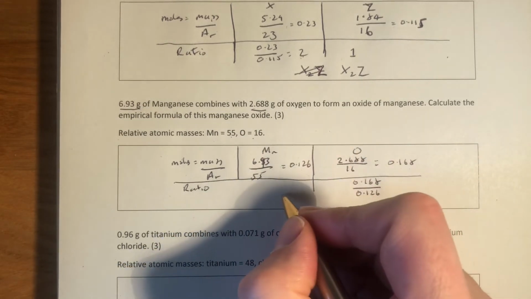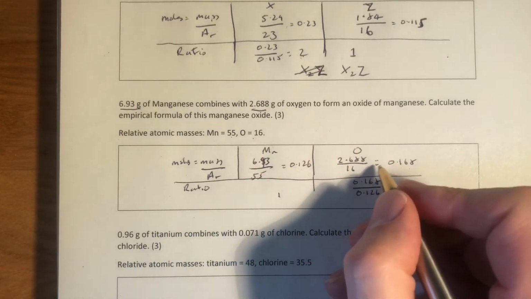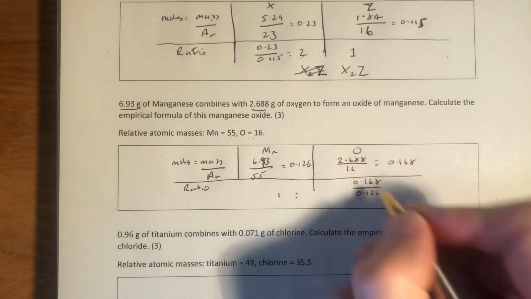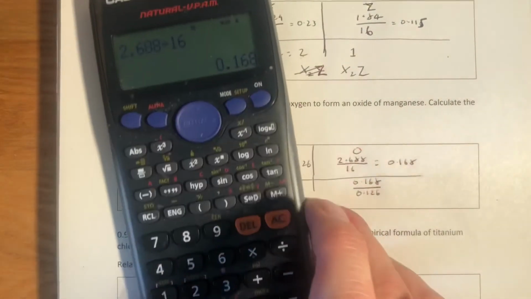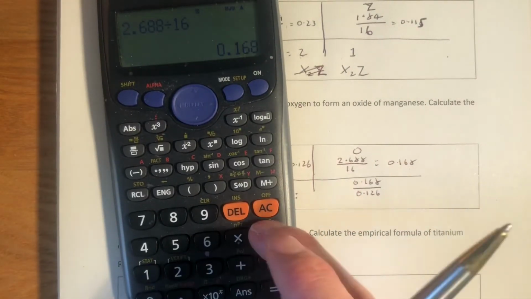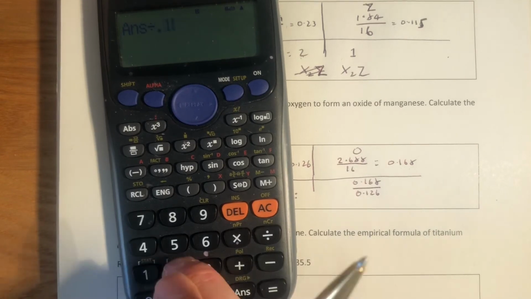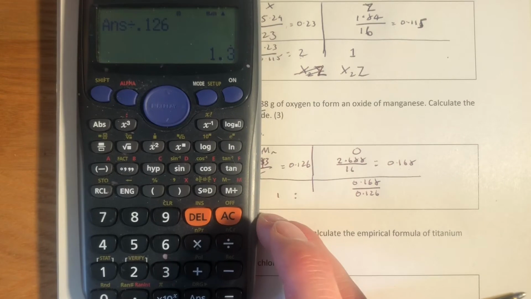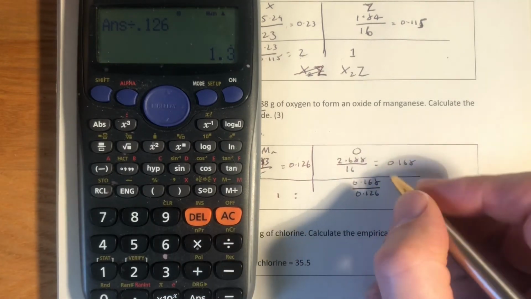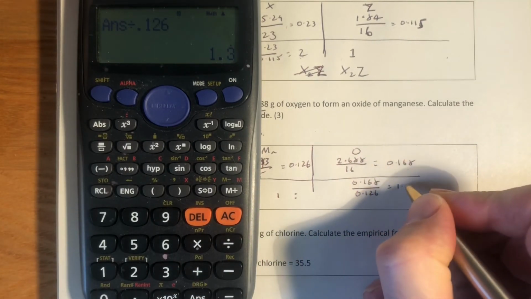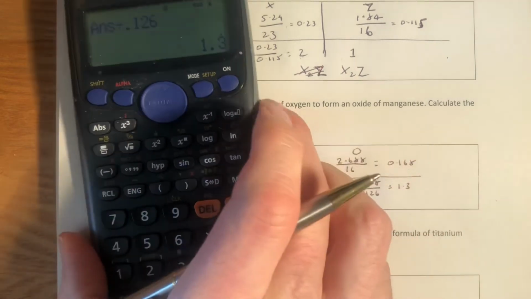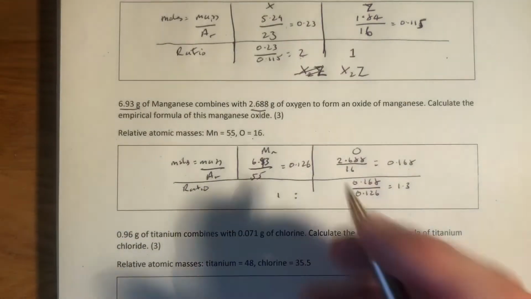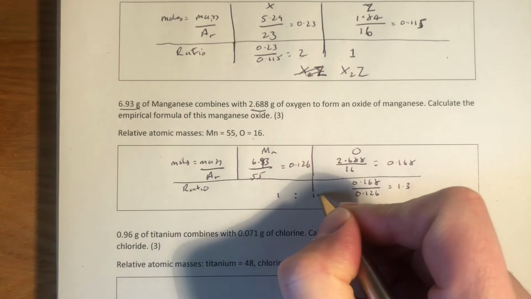That will make the little number 1, and we're going to find out the ratio now of oxygen by doing that. The answer is going to be 1.3 times bigger. Okay, so we've got 1 to 1.3.